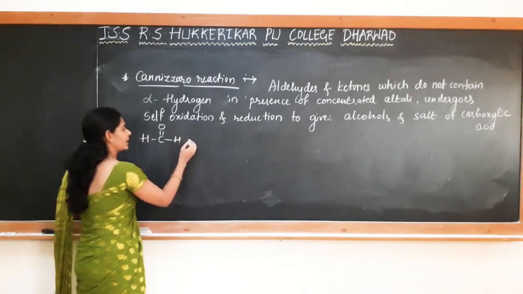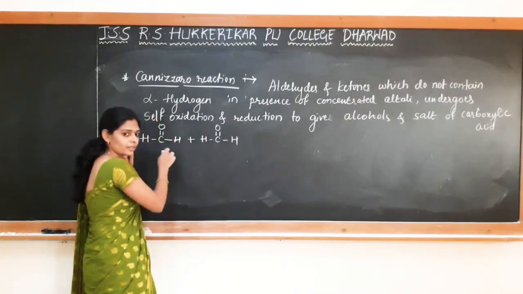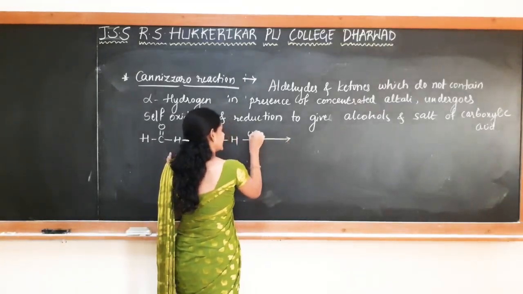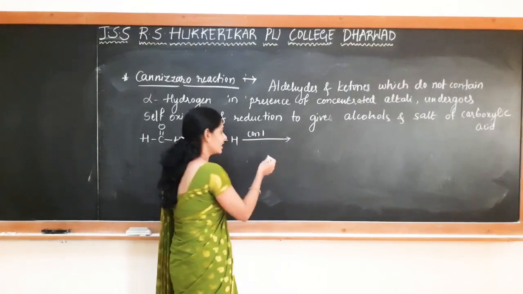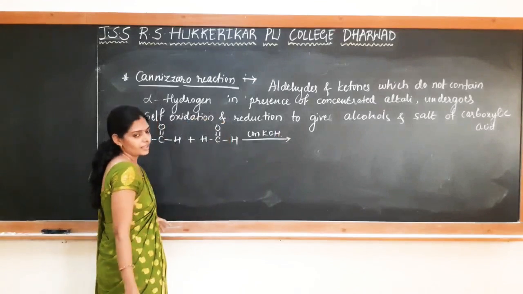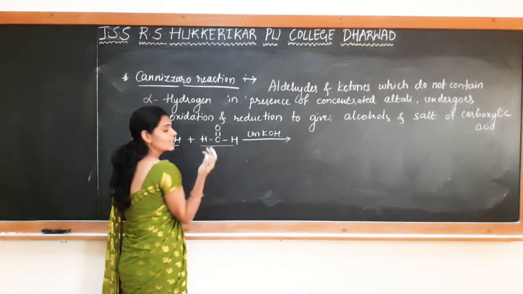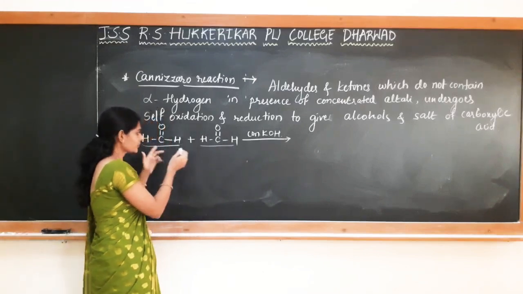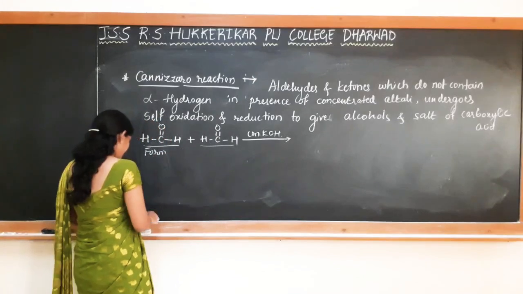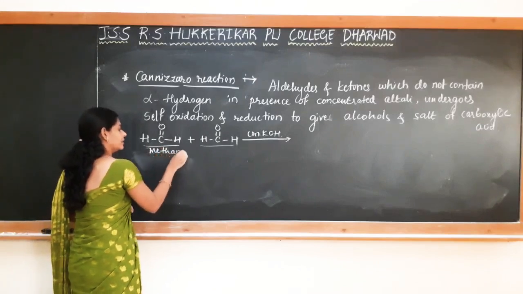So this undergoes, I'll take the same molecule, self-oxidation and reduction. This is in presence of concentrated alkali, concentrated KOH or NaOH. So one molecule undergoes oxidation, one molecule undergoes reduction, as both are the same. Formaldehyde, formaldehyde.